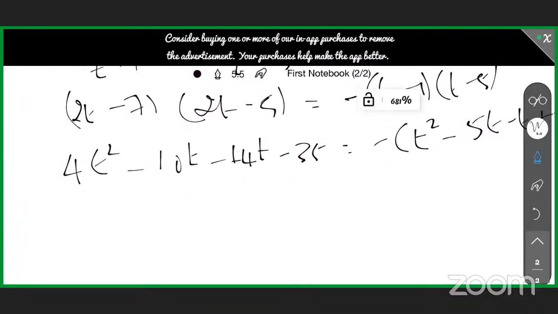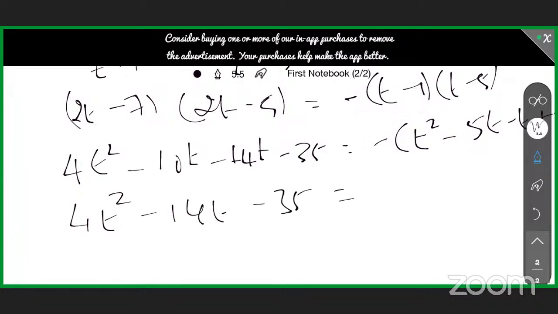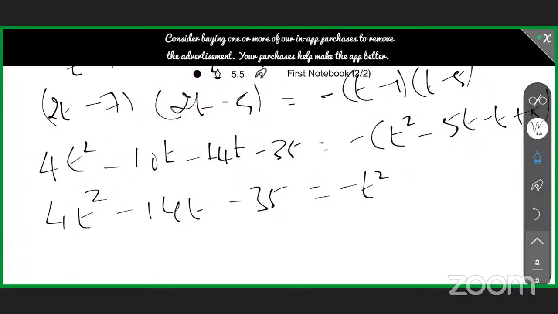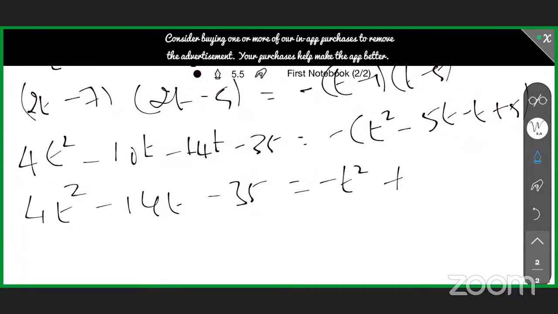This is 4t square minus 24t plus 35 is equal to minus t square plus 6t minus 5.